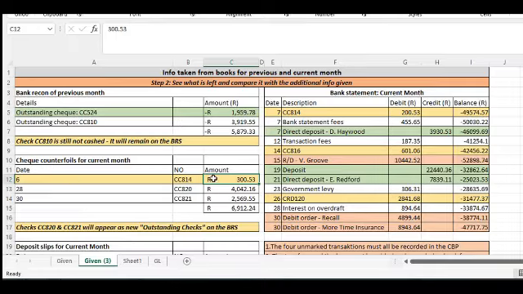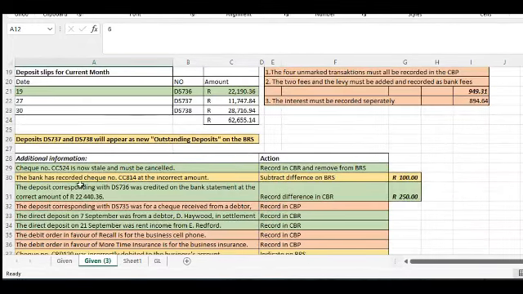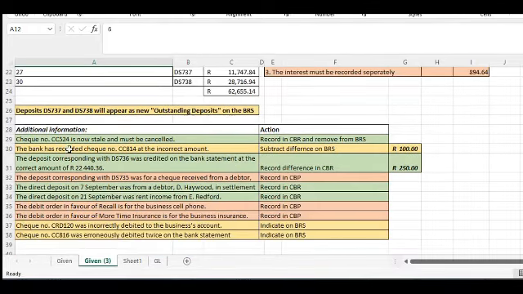And so every time we see something like that that we can't record in one of the journals, it will appear on the next month's bank reconciliation statement. So every time something is supposed to appear on the bank reconciliation statement, I've highlighted it in yellow. So the bank recorded the check at the incorrect amount. So what must I do?